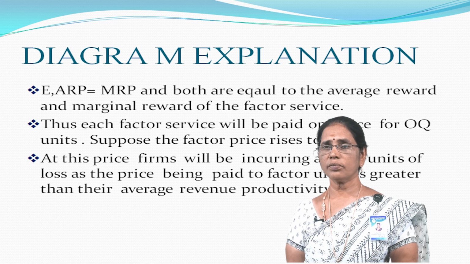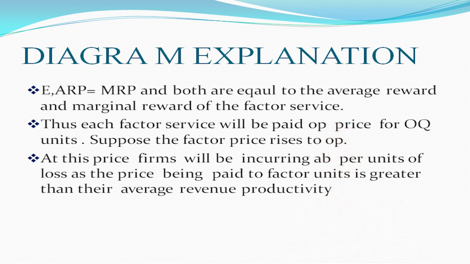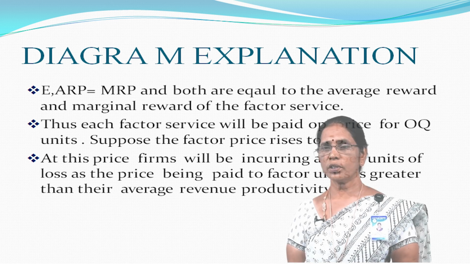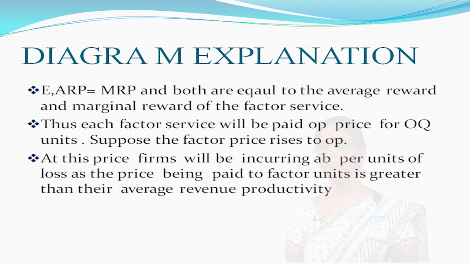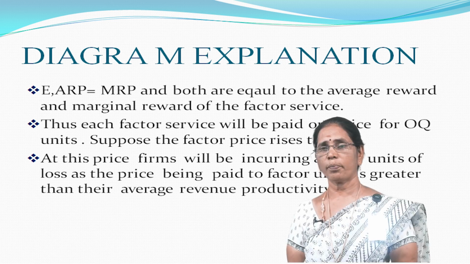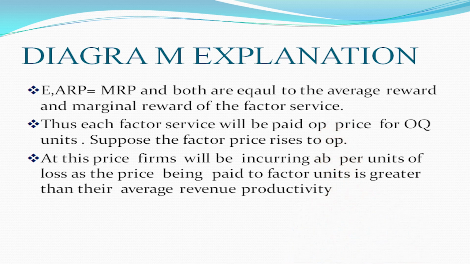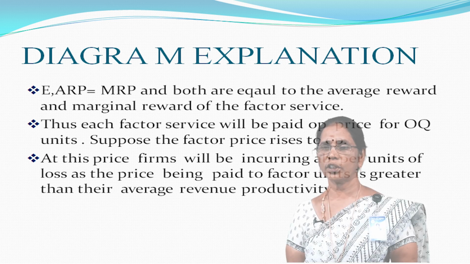Thus, each factor service will be paid OP price for OQ units. Suppose the factor price rises to OP1; at this price, firms will be incurring AP per unit of loss, as the price being paid to factor units is greater than their average revenue productivity.